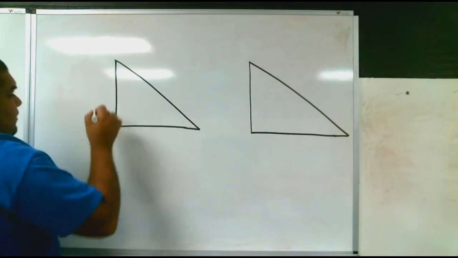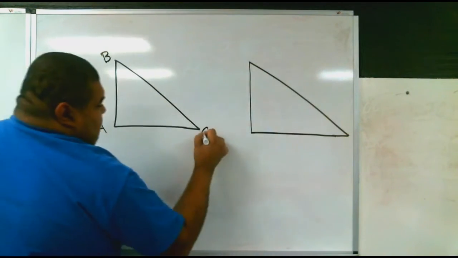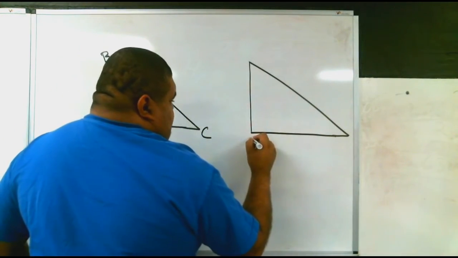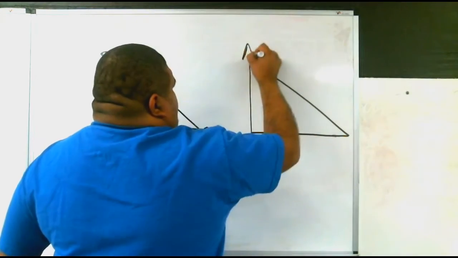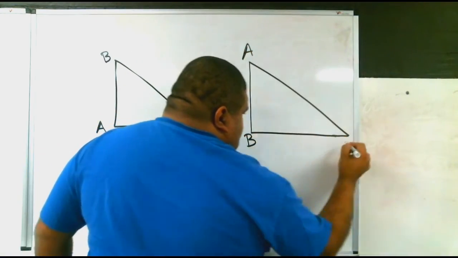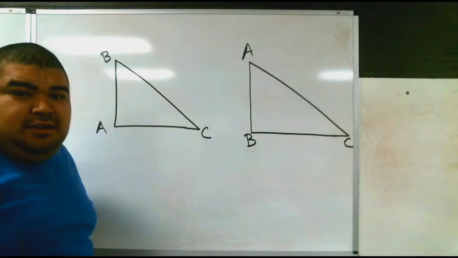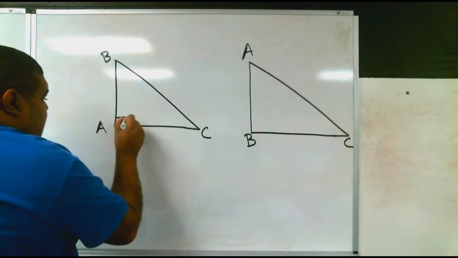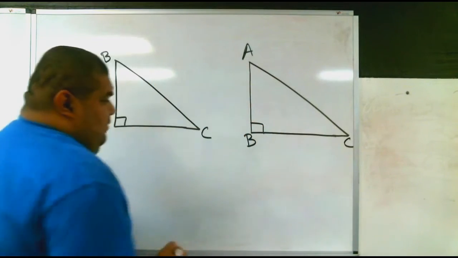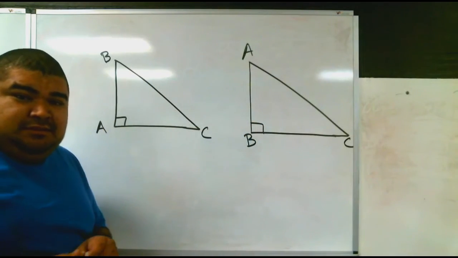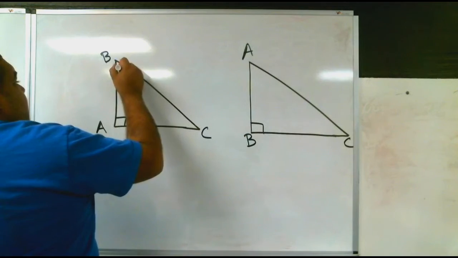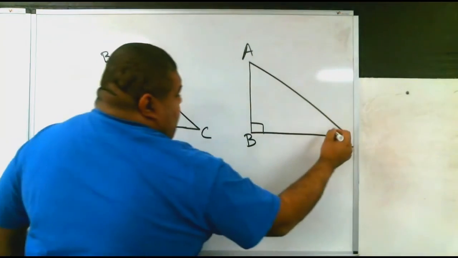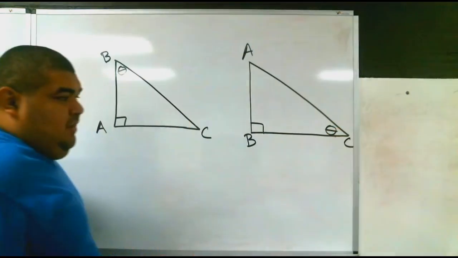Label it A, B, C. And then we'll have A, B, and C. They're both obviously a 90-degree angle. The only difference is we have theta here on the first one, and we have theta here on the second.